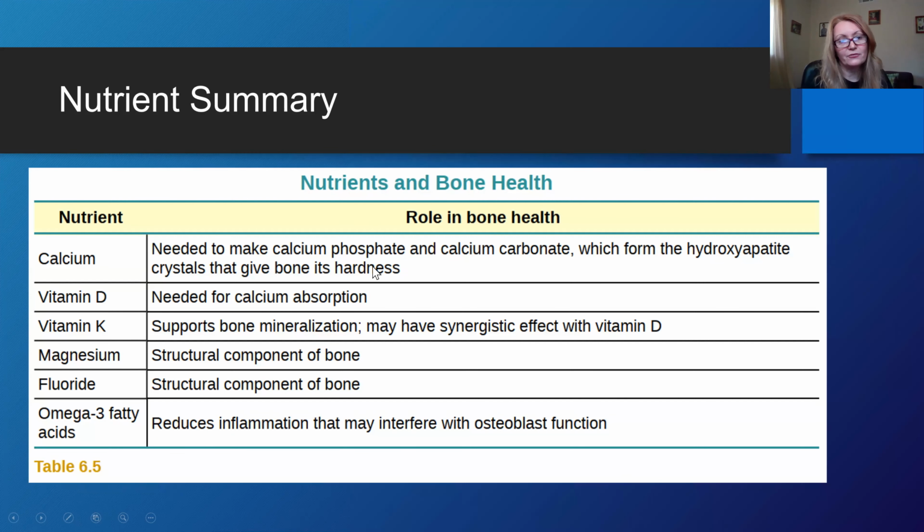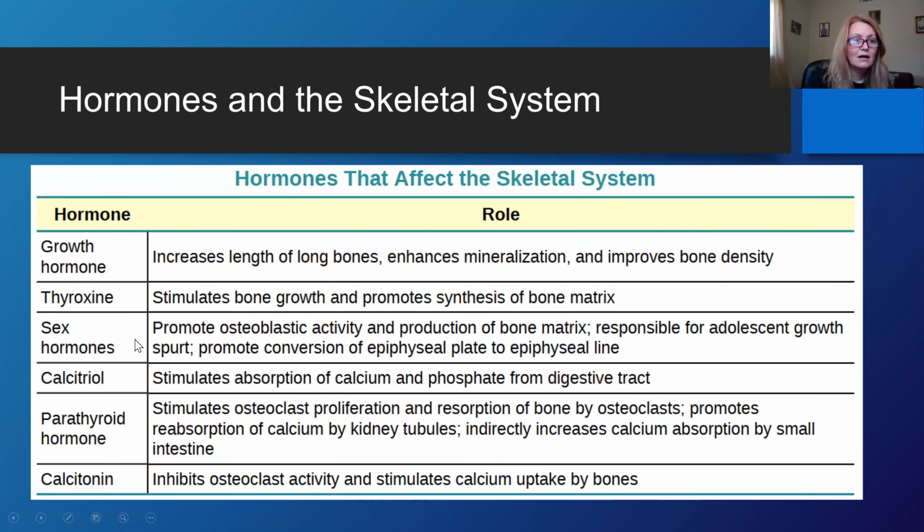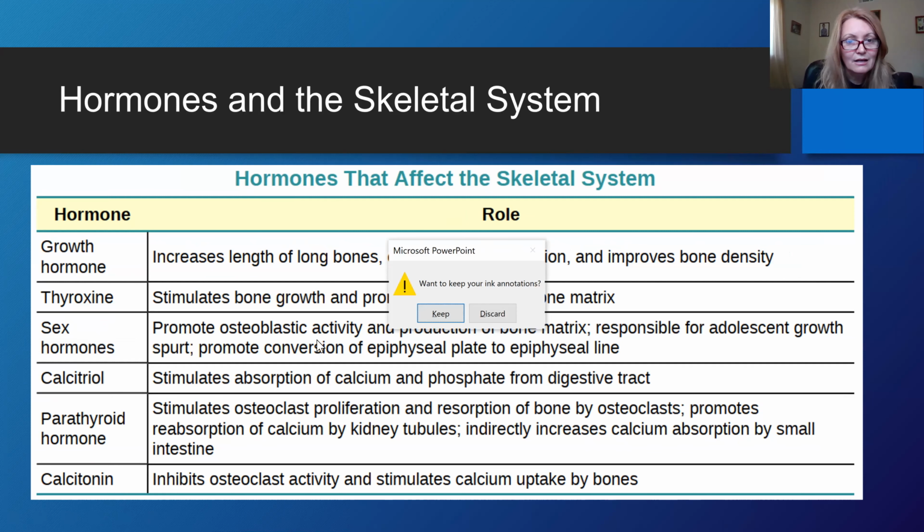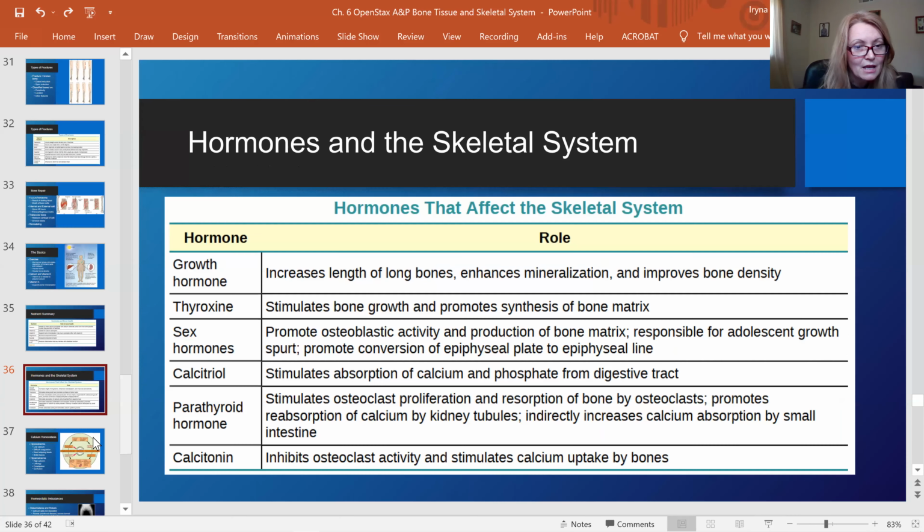And here we have two tables, right? So again, pause this video and read about all these vitamins and minerals and how they affect the health of your bone. So here you have calcium, vitamin D, vitamin K, magnesium, and different hormones. So that all affects the health of your skeletal system.